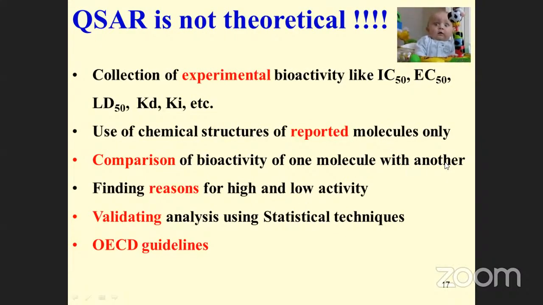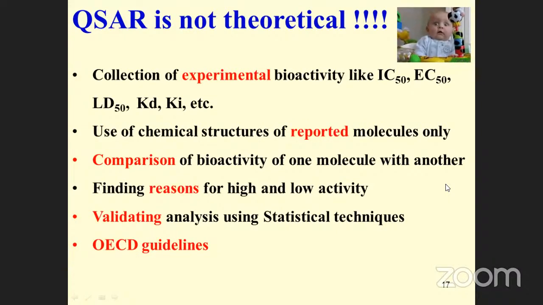Reported means they have been synthesized in the laboratory and biologically tested. Complete spectral characterization has been done. So that's why we are going for experimental data. The whole technique starts with experimental data, reported molecules having known structure, and their spectral characterization has been done.